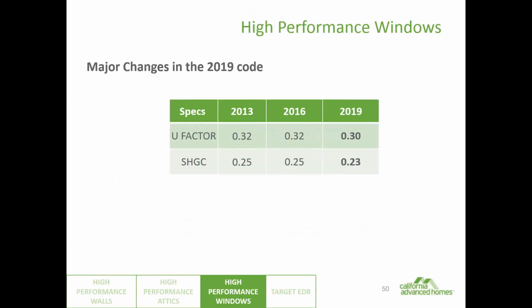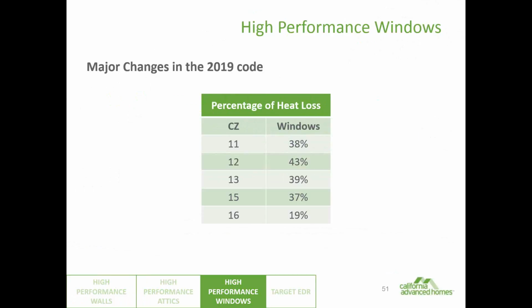So for 2019, it's not a big step, but windows will continue to be an emphasis, especially in cooling dominated climate zones such as the Central Valley, where these numbers are high. We haven't done independent verification of these, but just some numbers we've been shown.